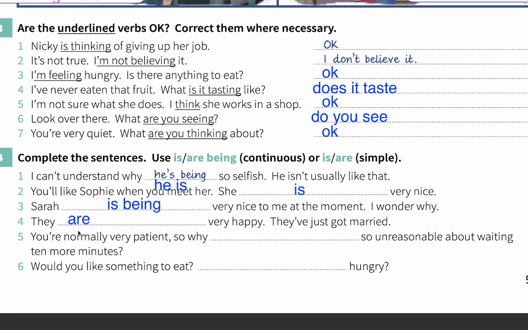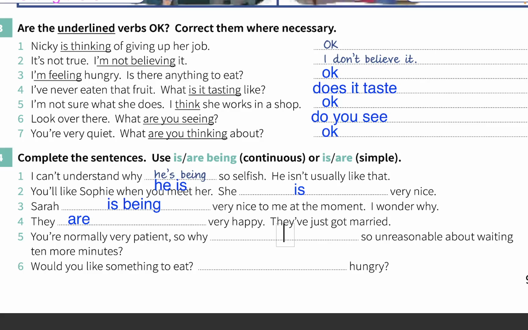We don't need to use are being very happy. So they are very happy. They're just happy. So what you said is correct. Any question about number 4? Or is it clear? Okay, it is clear.